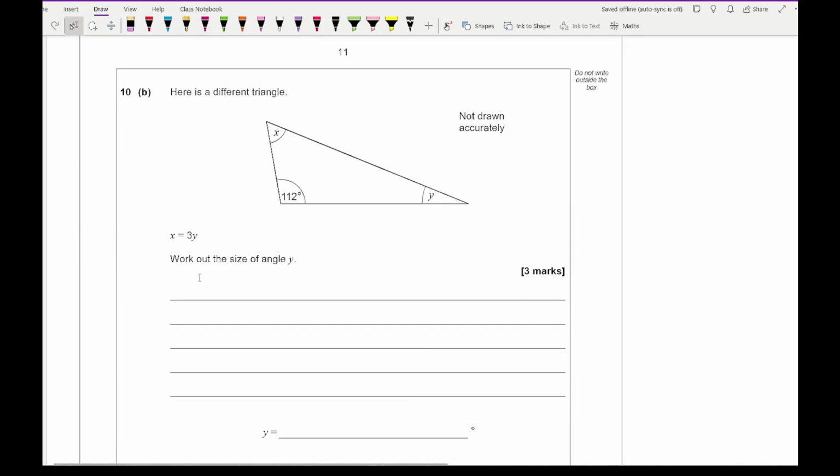Then moving on to question 10b, it says here is a different triangle, x equals 3y, work out the size of angle y. Well, for here, what we want to try and do is get the letters the same. So if x equals 3y, then I can swap that with 3y. And then knowing that all three angles in a triangle add up to 180, what I've got is 3y plus y plus 112 equals 180.